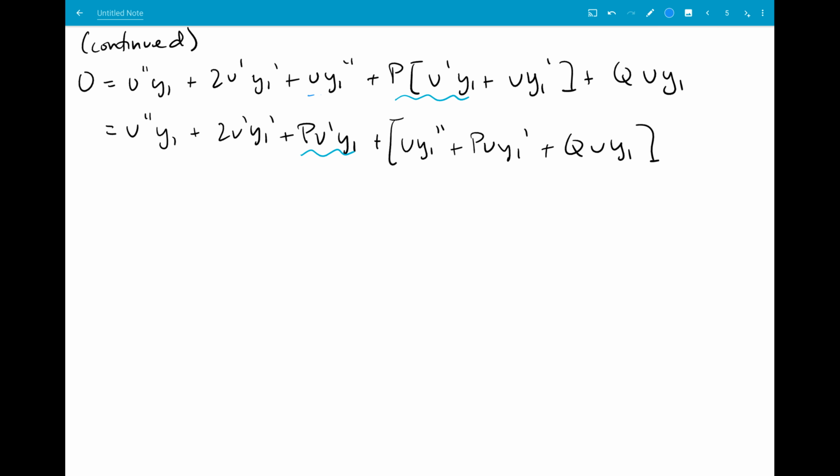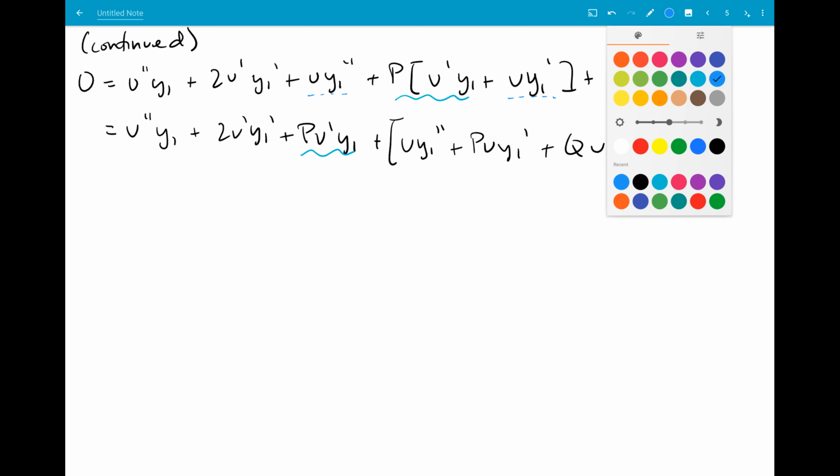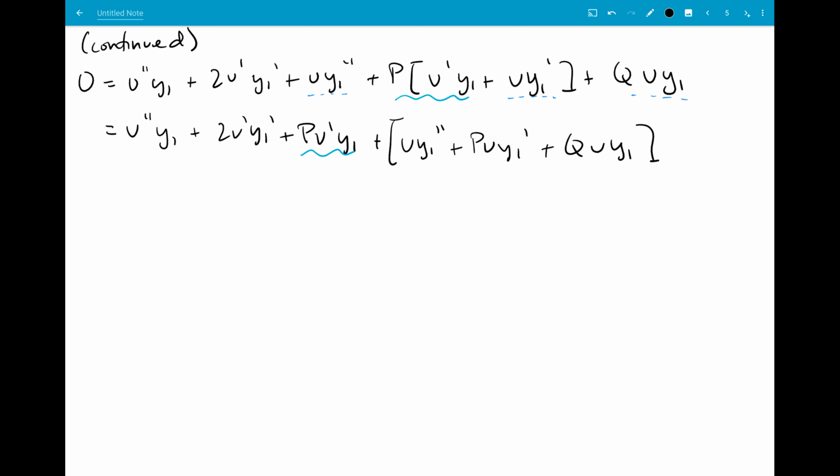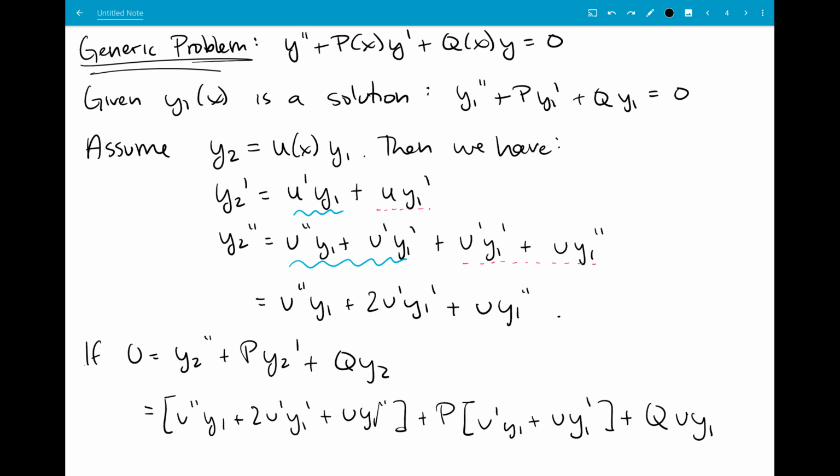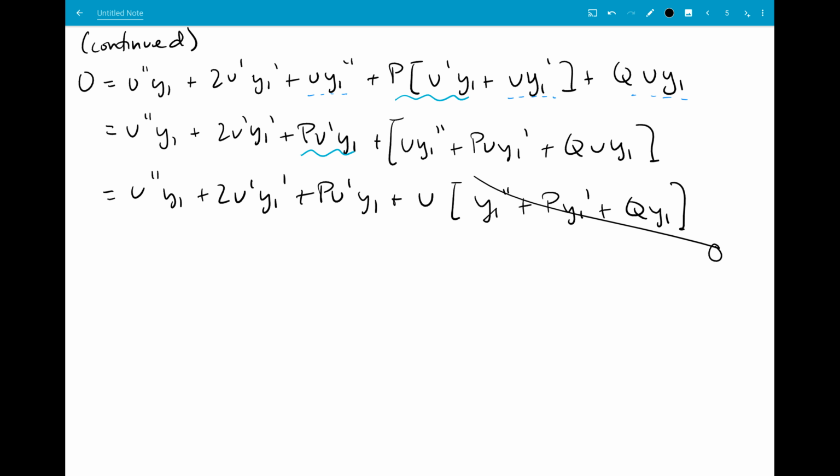And those terms I took from right here, all together. And I can factor out the common u right there, so that I just have y1 double prime plus p y1 prime plus q y1. And that term is equal to 0 because y1 is a solution of the differential equation, and that's what it means to be a solution to the differential equation.